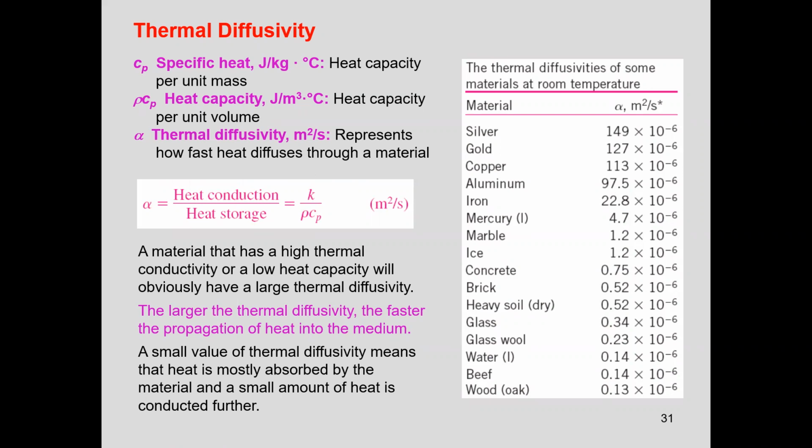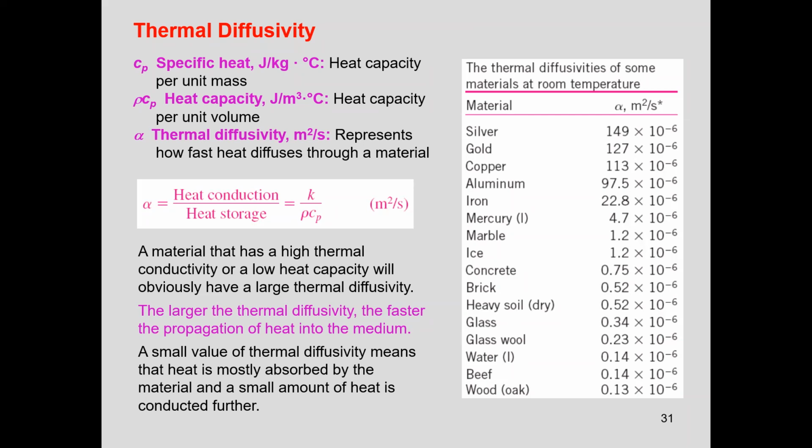That is given by the ratio of the heat conduction to the heat storage. A material that has a high thermal conductivity or a low heat capacity will obviously have a large thermal diffusivity. A larger thermal diffusivity will give a faster propagation of heat into the medium.